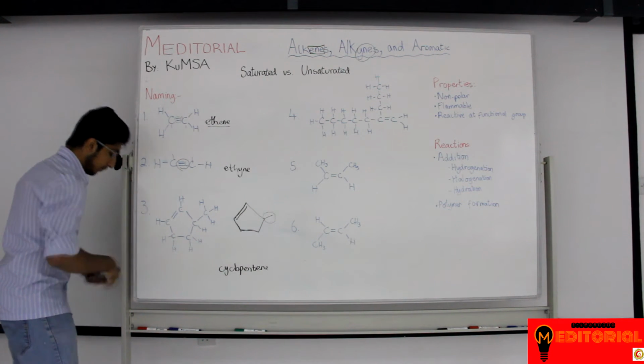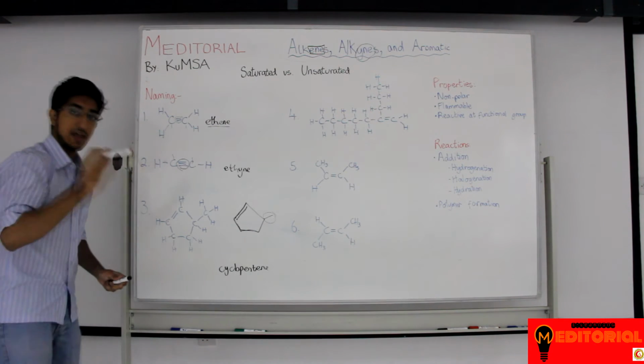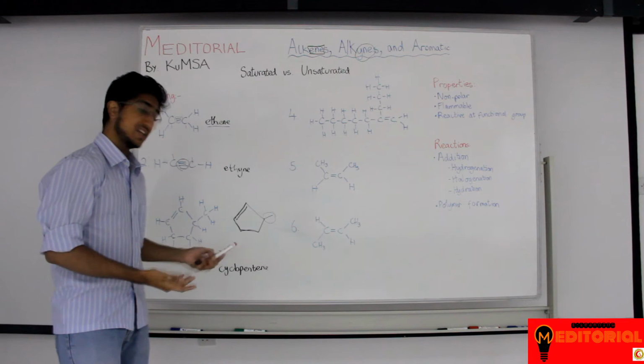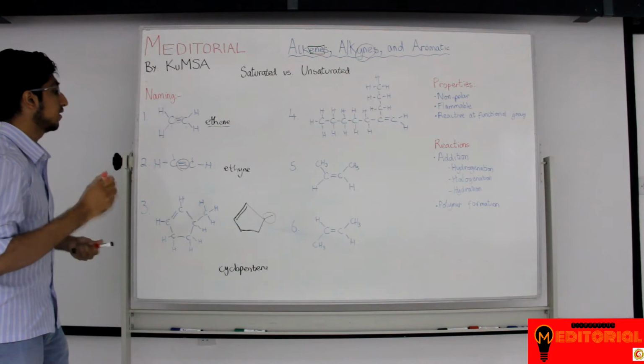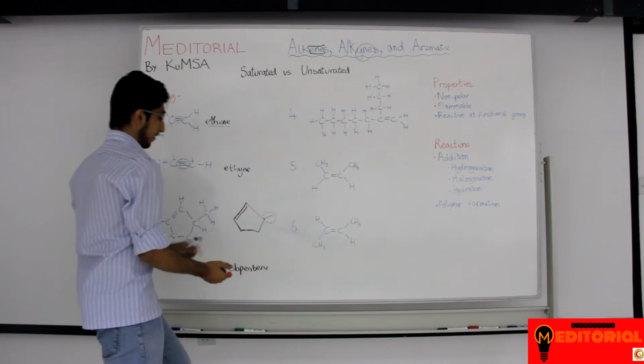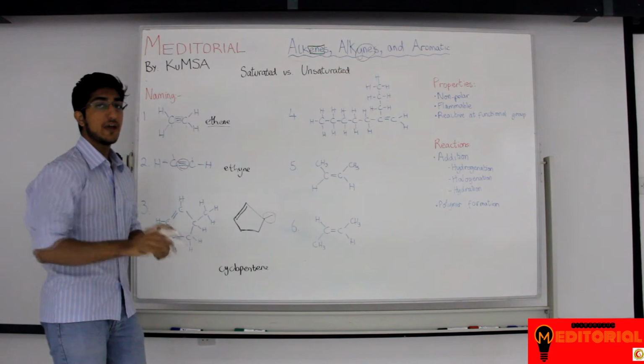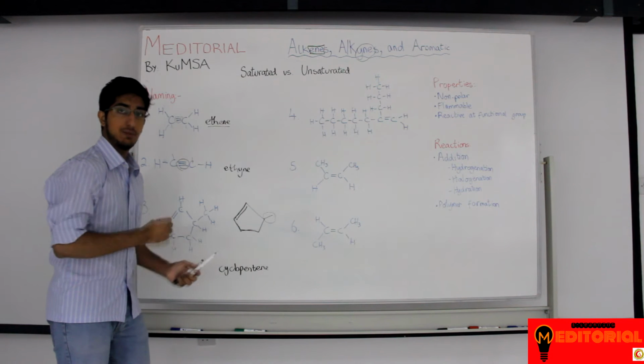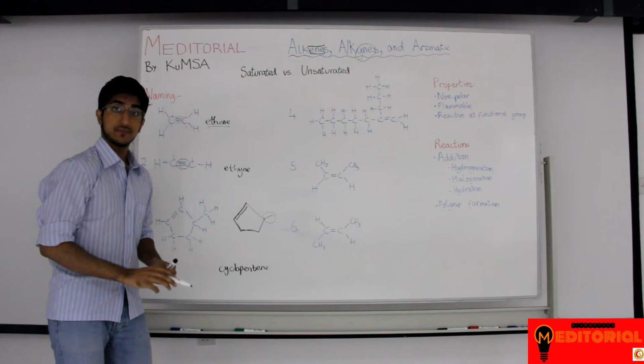The next thing we have to do is label the compound to see which numbers are going to be least for any substituent groups in it. For any cycloalkenes or cycloalkynes, we have to start the double bond at position number 1. It's a rule.